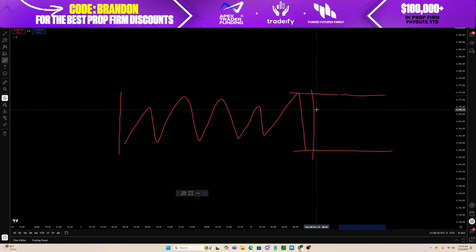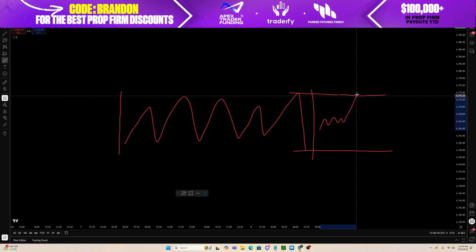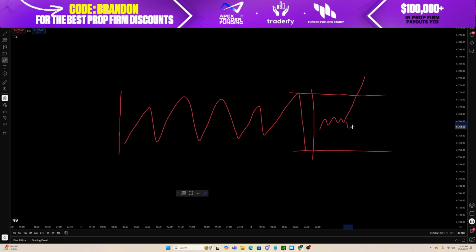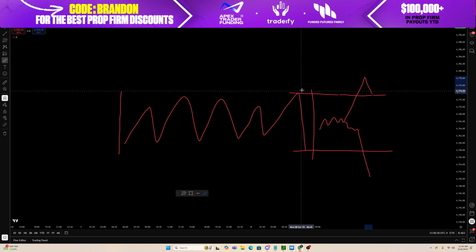Now, what we are going to look for when the market opens at 9:30 a.m. EST is we want to see price either break above the overnight highs or for price to break below the overnight lows. Now, from here, what we are going to look for is for price to pull back into this previous overnight high and to make it support.